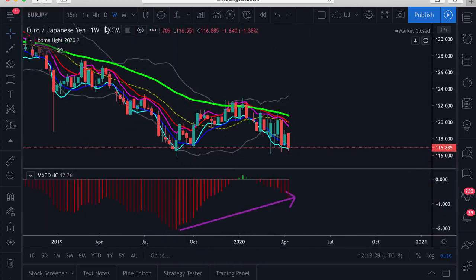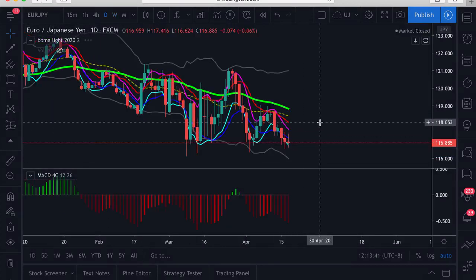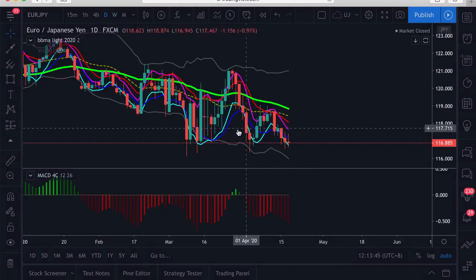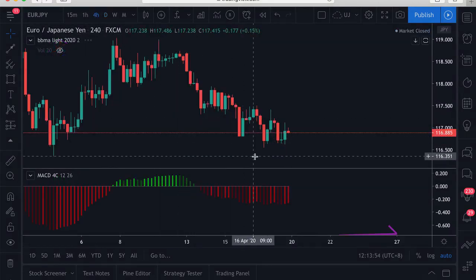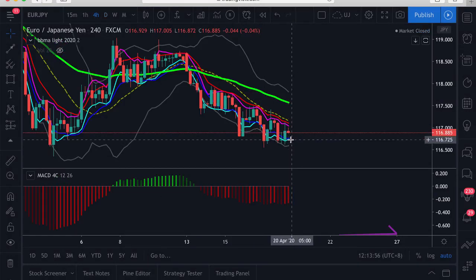Okay, and we look at daily, and on daily it's MHV buy. On H4 it's MHV buy as well.